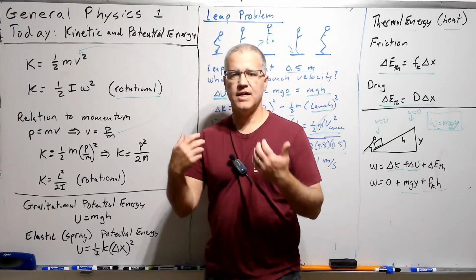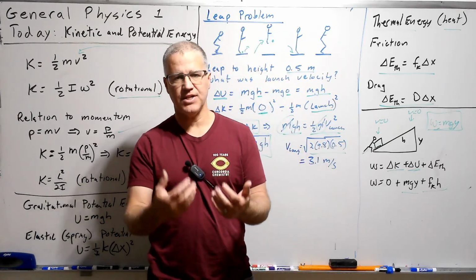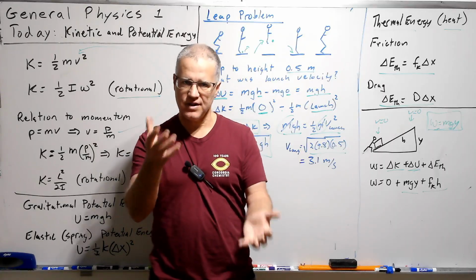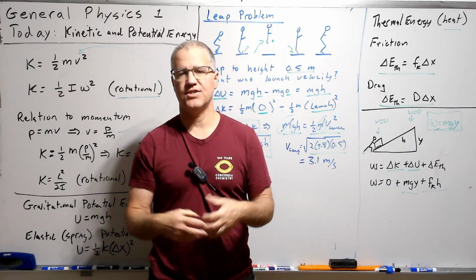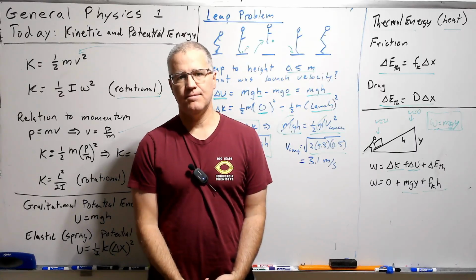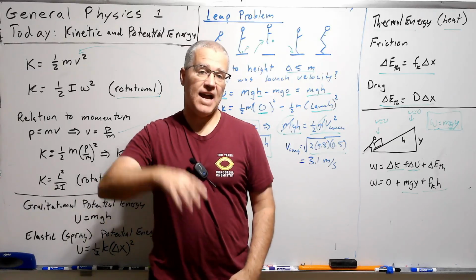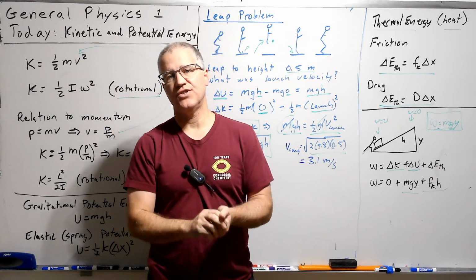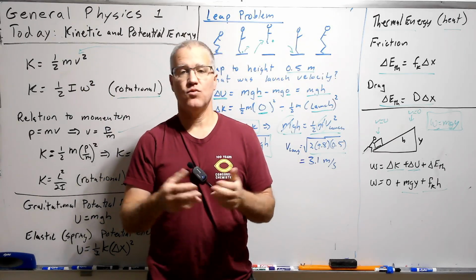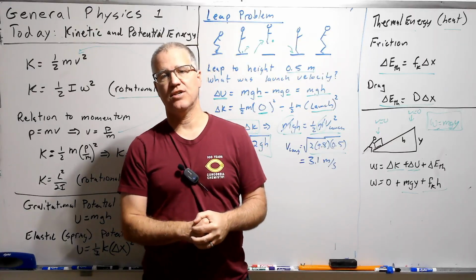So kinetic and potential energy, their sort of teeter-totter relationship due to conservation of energy, is a really important way to solve problems. And then we have systems where there's no loss to the environment. Those are called conservative systems. Then work and the change in potential energy are going to be equal.